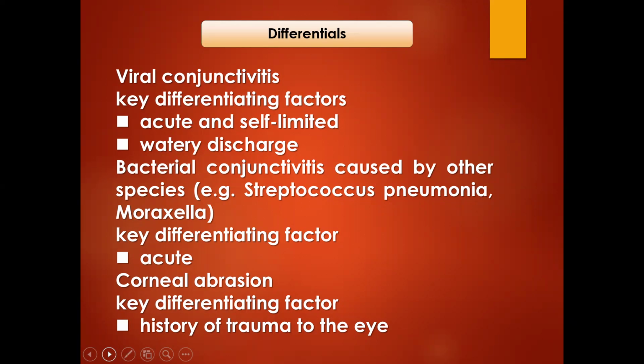So that's how you would say, no, this is not this condition. This may likely not be trachoma, or this may likely be viral conjunctivitis. Another classical differentiating factor is the watery discharge that occurs in viral conjunctivitis. But in trachoma, it does not occur.